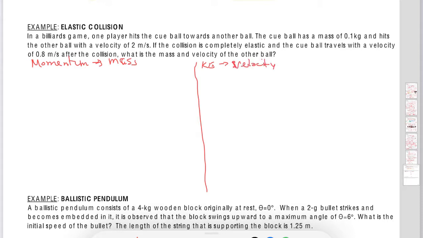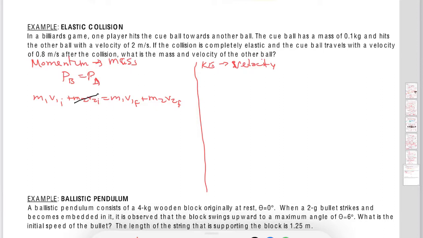So when I write P before equals P after, or P initial equals P final, conservation of momentum, then I expand it out to say M1 V1 initial plus M2 V2 initial equals M1 V1 final plus M2 V2 final. So I got four terms there, but remember, the second ball is at rest. That's important for us to know.